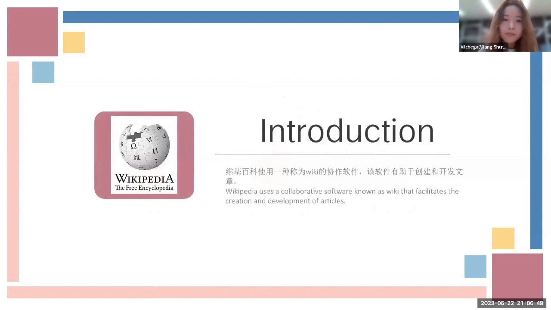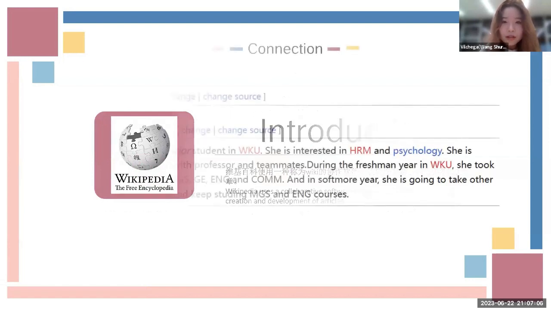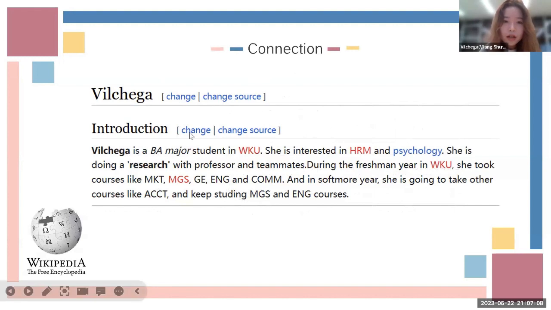Firstly, what is Wikipedia? It uses collaborative software known as Wiki that facilitates the creation and development of articles. Compared with other similar tools, the advantage of Wiki is that it has connections.